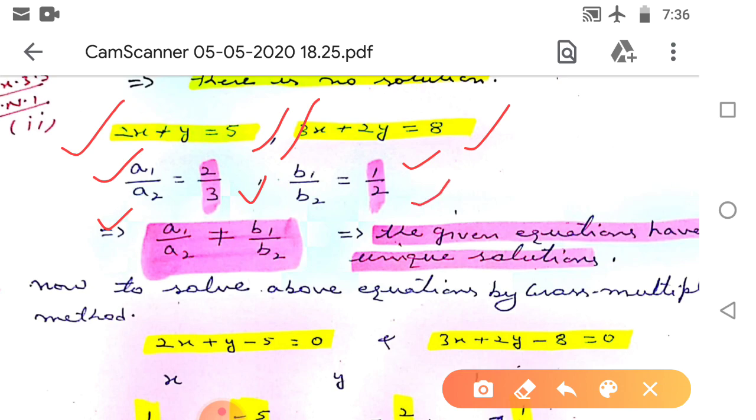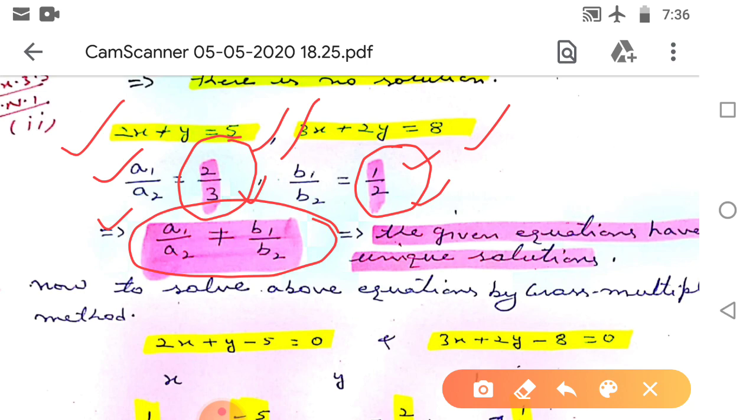So you can see that 2 by 3 and 1 by 2. So here a1 upon a2 is not equal to b1 upon b2. So in this case the given equations have unique solution.